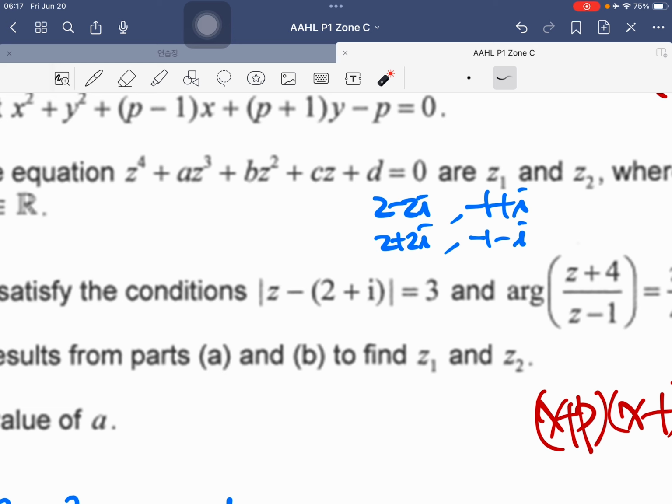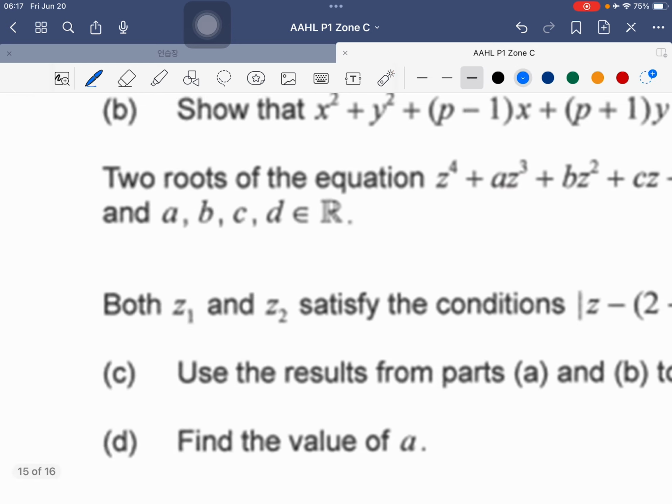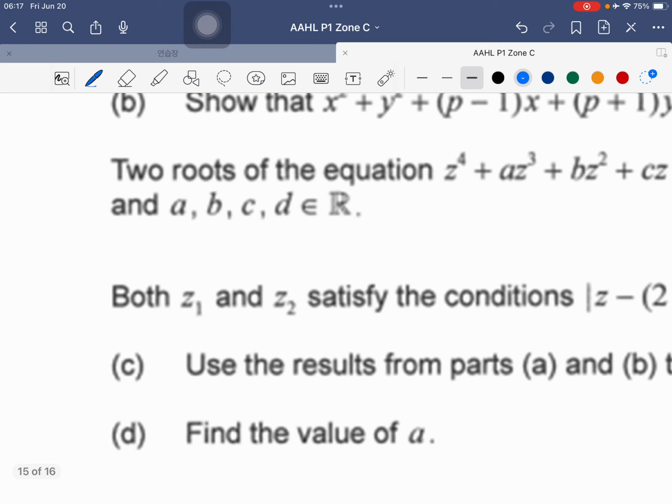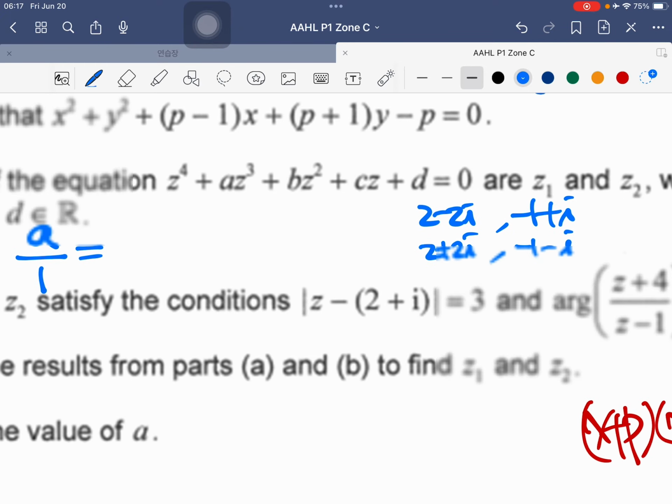And then we need to find the value of a. So the value of a comes from the sum of all roots, which is minus the coefficient of the second highest degree, where the highest degree has coefficient 1 and the second highest is a. This is the sum of all roots, adding these 4 together.